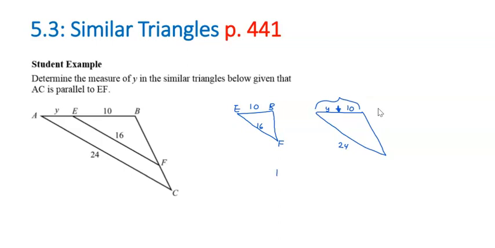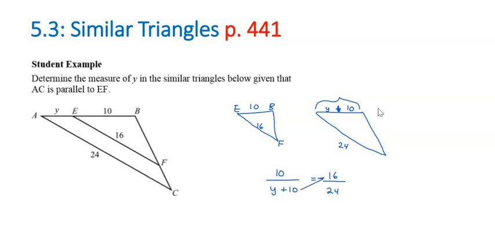I'm going to put 10 on the smaller triangle over Y plus 10 is equal to 16 on the small triangle over 24. For this one, we can't really use the cross multiply and divide shortcut so well, so I'm going to show it a little differently.